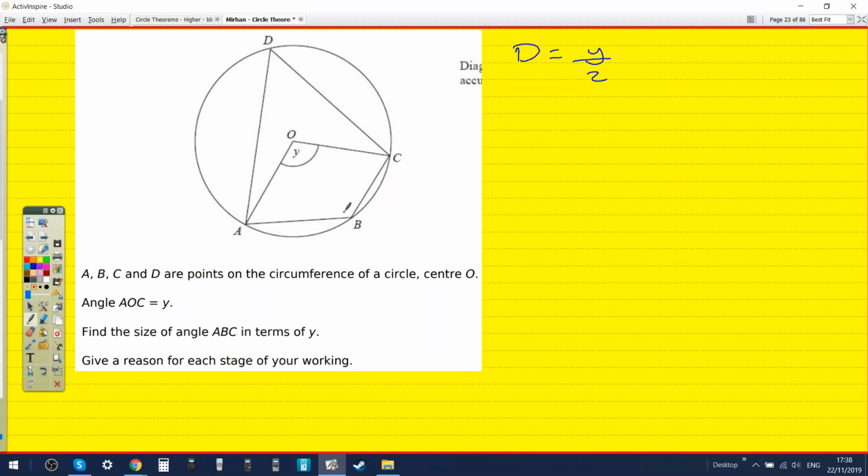And then would Y plus 180 equal angle B?